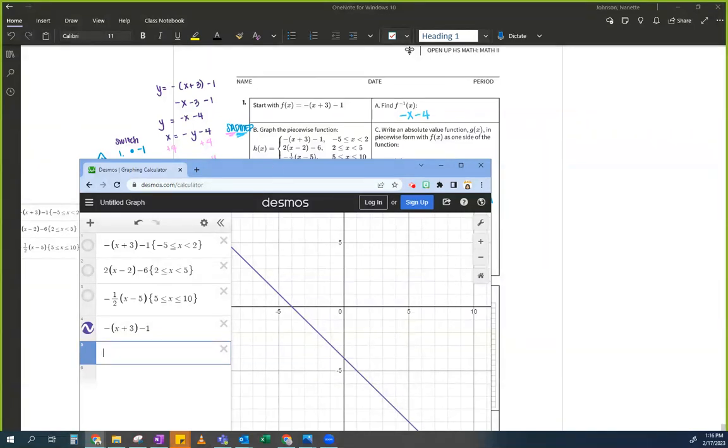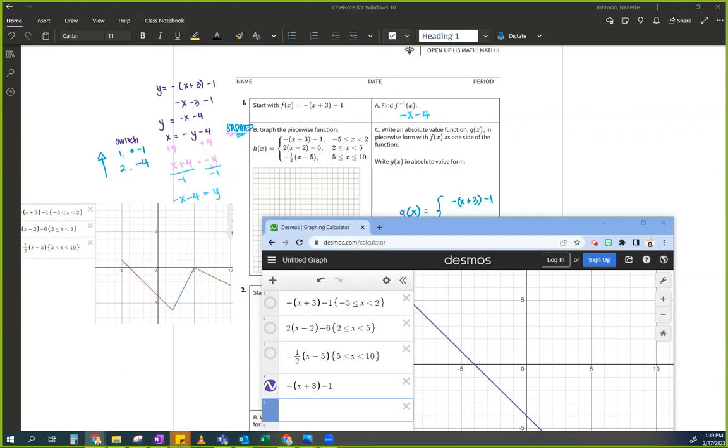So I'm going to pause it really quick so I can let you think for just a second. So we're looking for the other side of this. So if this is a V right here, if this is the left side, and I don't really know where the right side starts. So someone suggested if this is the left side, the right side should be the same thing, except for just not negative.